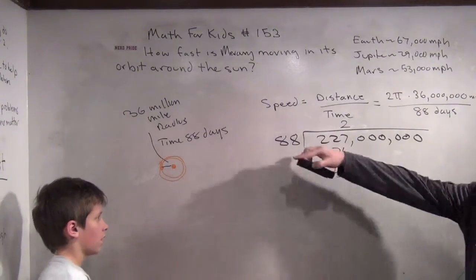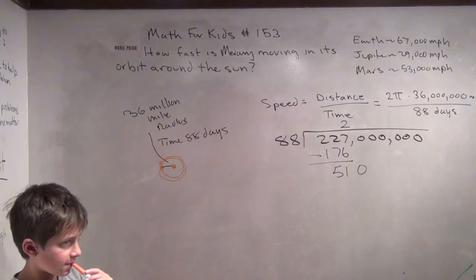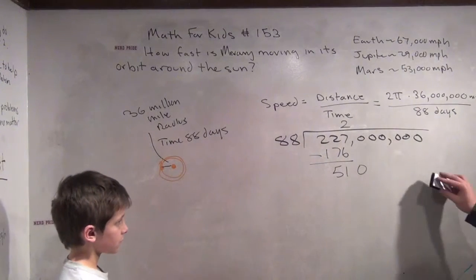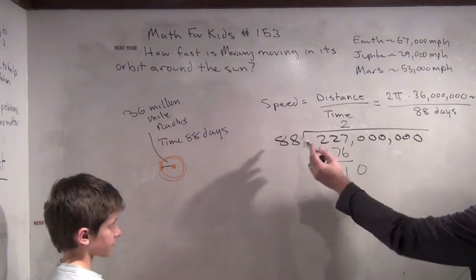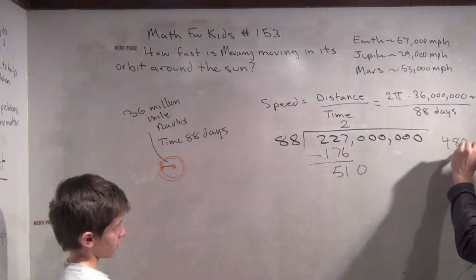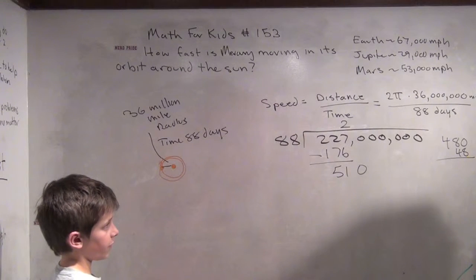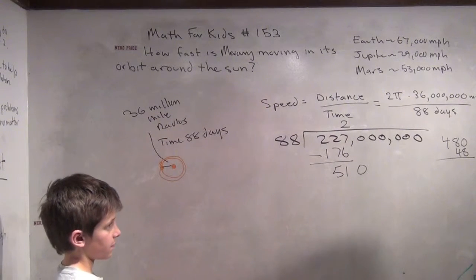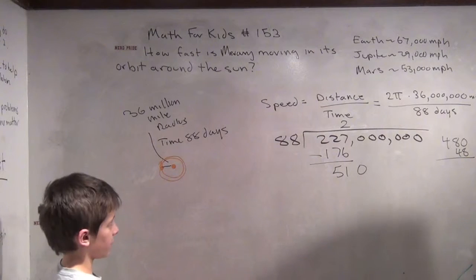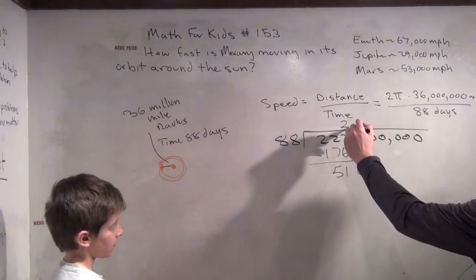Okay. So 88 into 510 now. This is a little tricky. How about 6? What's 6 times 80? It's 480. So 6 times 88 is 480 plus 48, which is 528. Is that too big? It's too big. So it's going to be times 5.